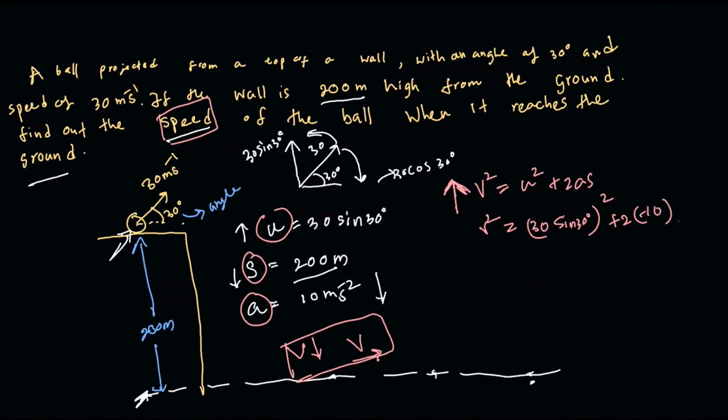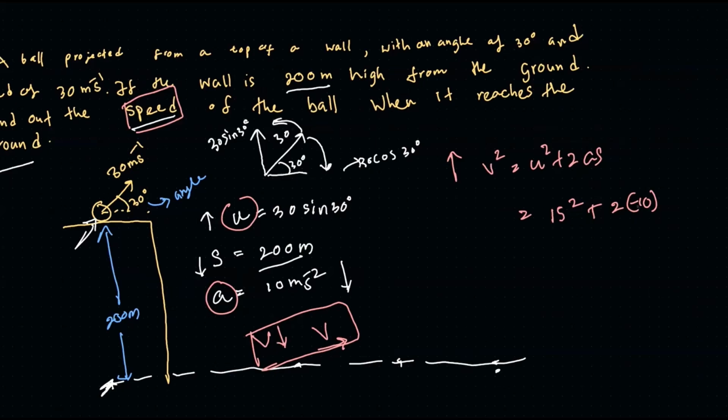And s, the displacement, is in the downward direction, so we write minus 200 here. 15 squared is 225. Minus into minus is plus, and this is going to be 4,000. So 4,225 equals v squared.